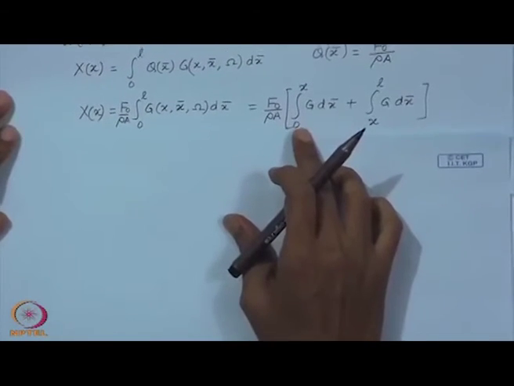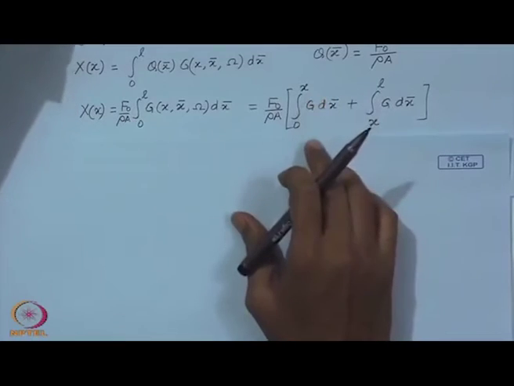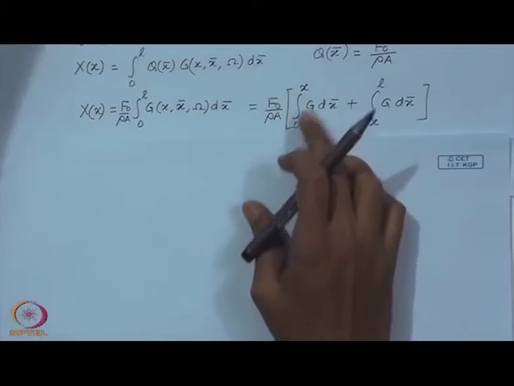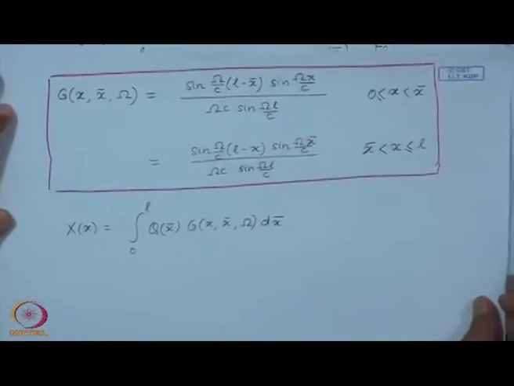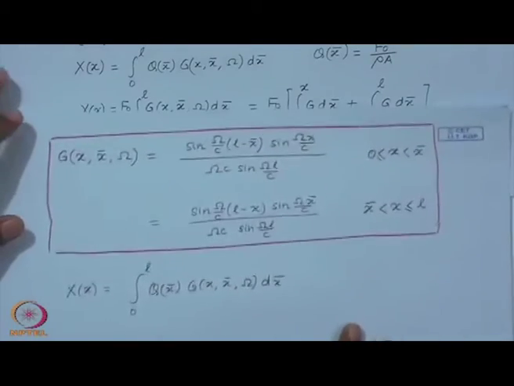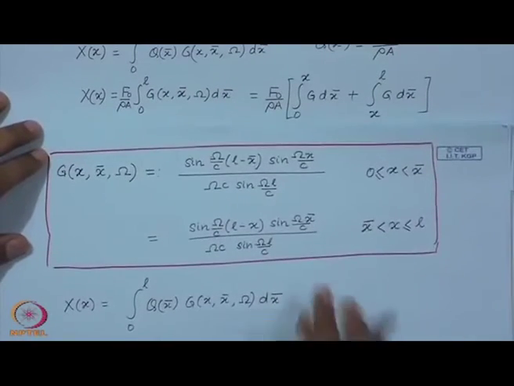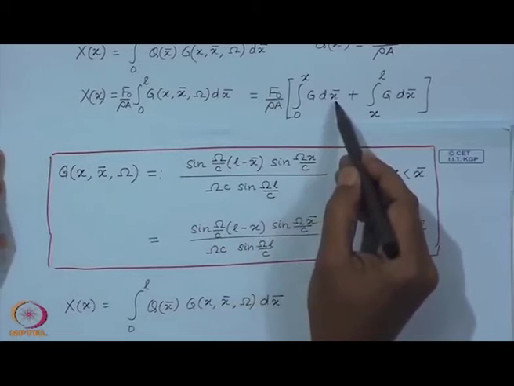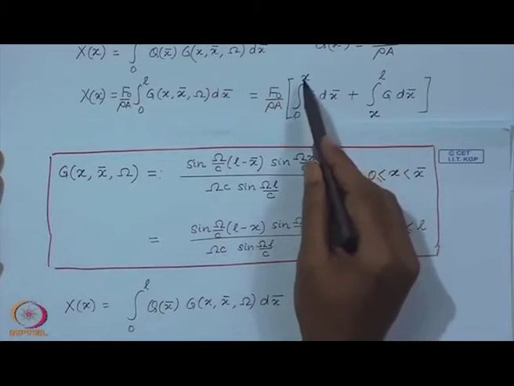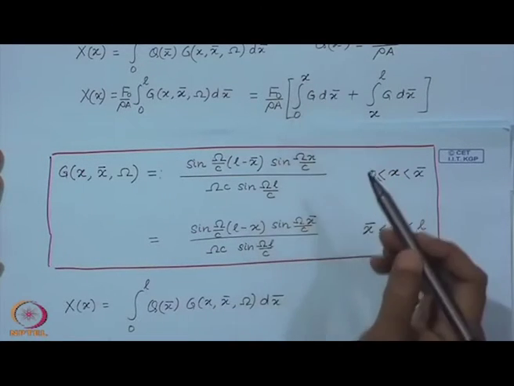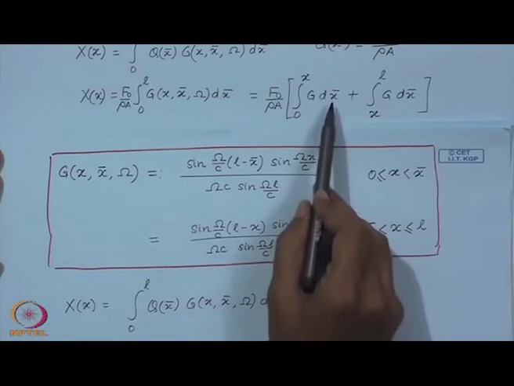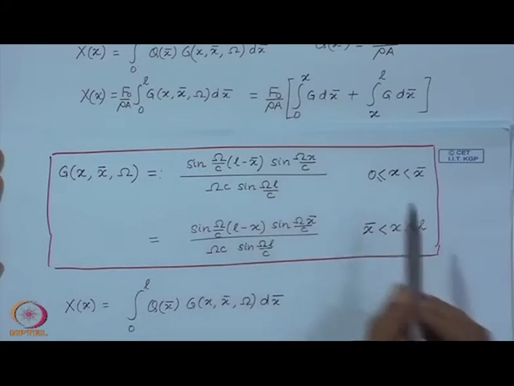Now, from 0 to x, so x bar lying between 0 to x, let us once again look at the Green's function. X bar lying between 0 to x, which means x bar is less than x.